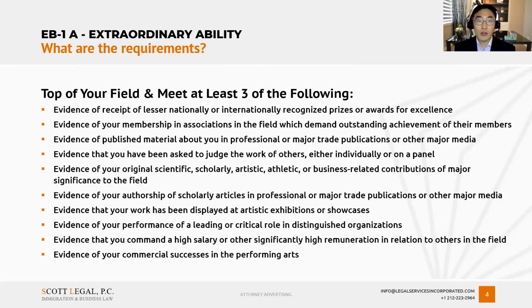In order to get a successful result, you have to meet at least 3 of the eligibilities listed on this slide. Basically, you have to prove that you are on top of your field in multiple ways. Again, the eligibility test is very similar to O1A, but please keep in mind that the level of review for EB1A is generally higher.